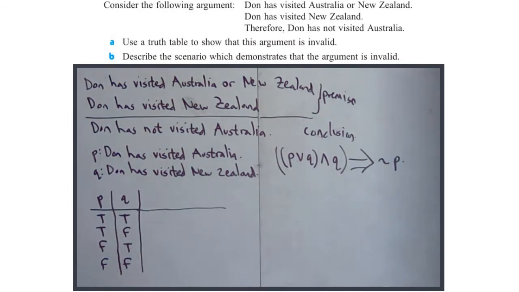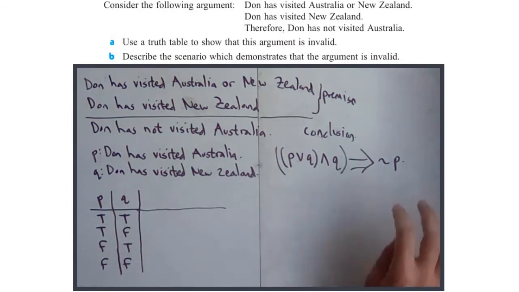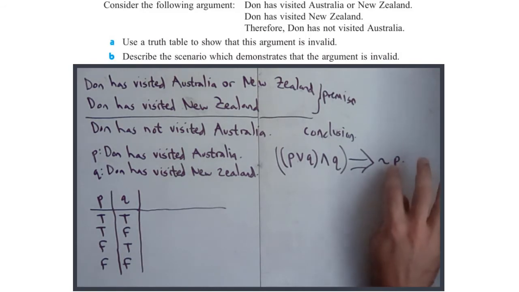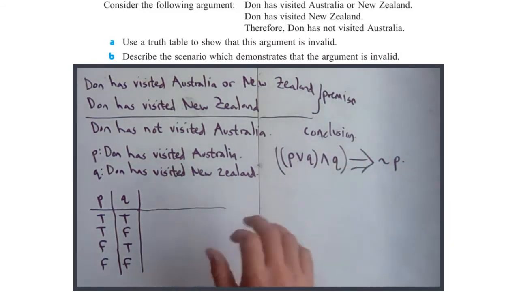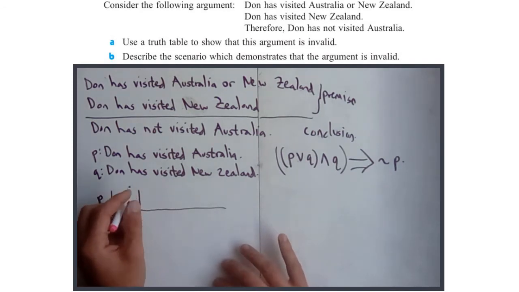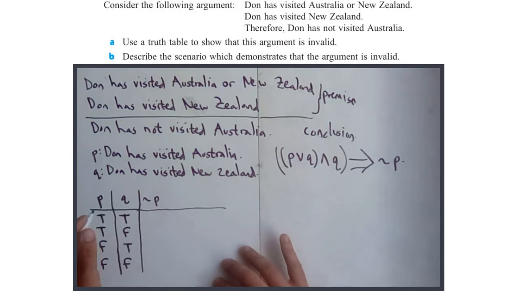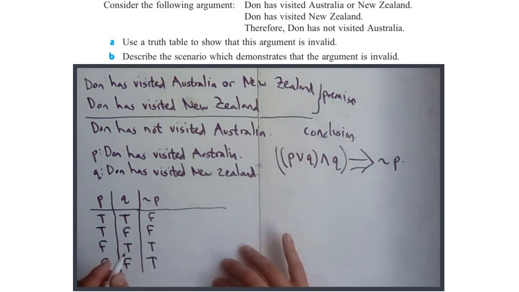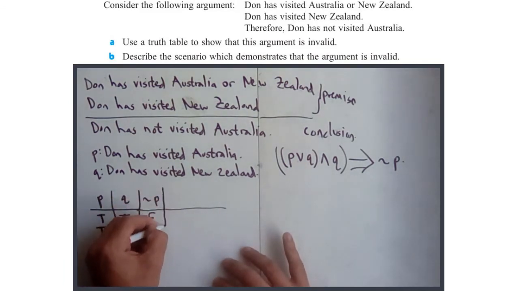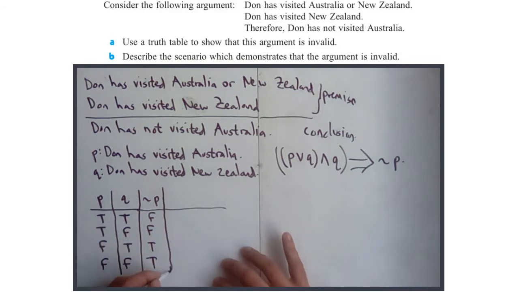We're definitely going to need a not P, a P or Q, and this as well. So let's have a not P. That's easy enough. The negation of P is just the opposite, so false, false, true, true. We'll use that later.